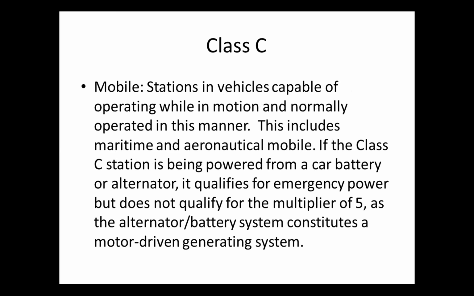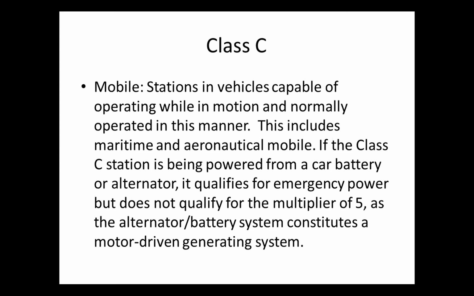Class C is basically a mobile station. So if you have a portable mobile station in your car, your RV, your boat, whatever. Sometimes those radios will get up to 50 watts. My mobile station in my truck can get up to 80. It's still remote, obviously.